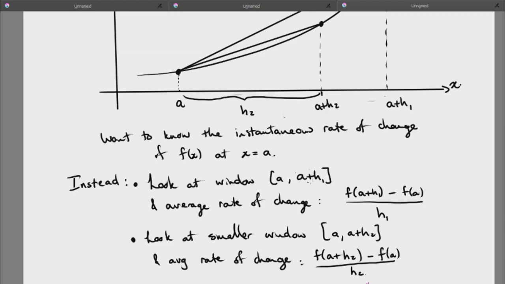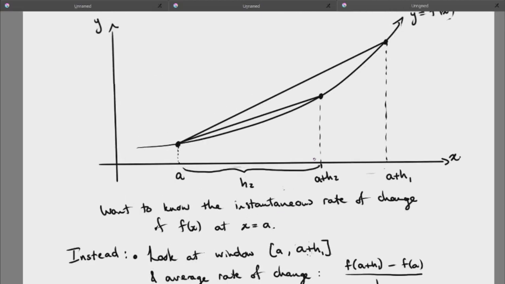But I have to sort of have a trade-off because I can only do an average calculation. I need to have a window which then uses more information in that average calculation, which skews my view of what's actually happening at A. But by limiting that information, I am making a better guess at what's happening at A. Does that make any kind of sense?